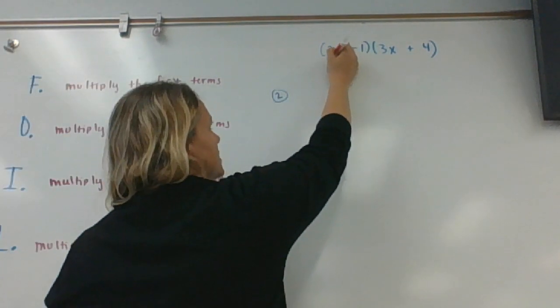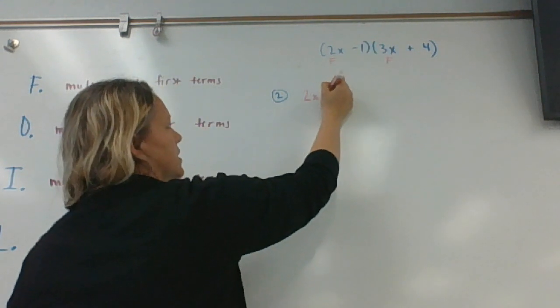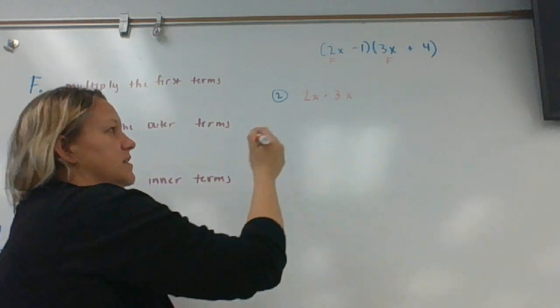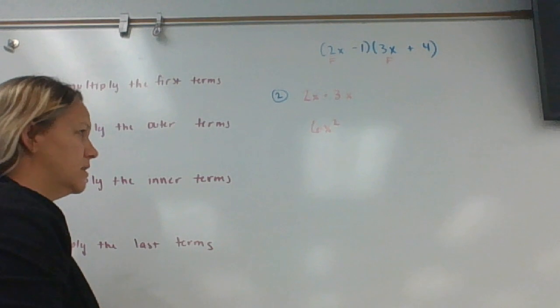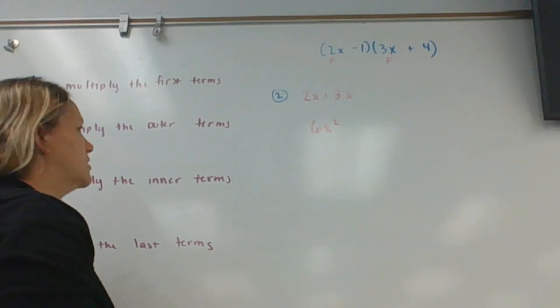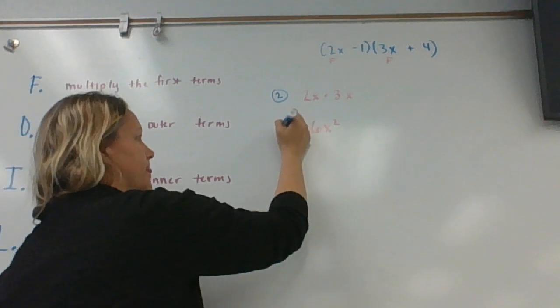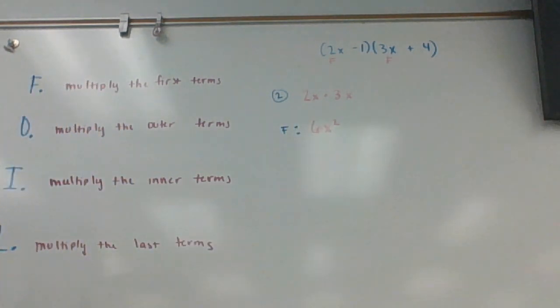This is the first, and this is the first. The first terms in the binomial. So we do 2x times 3x, and what is that product? 6x squared. Okay, so that's the first terms. What would be the outer terms, Georgia?